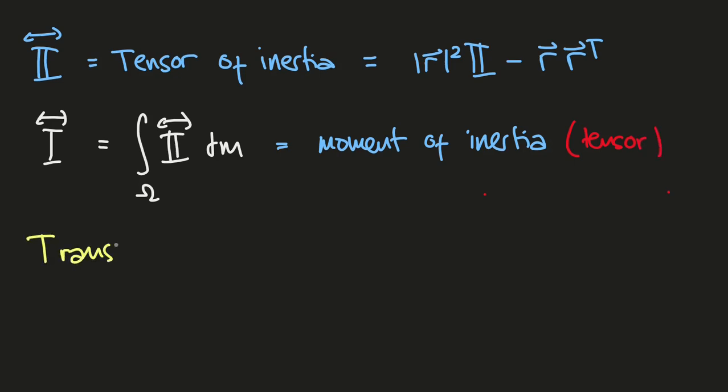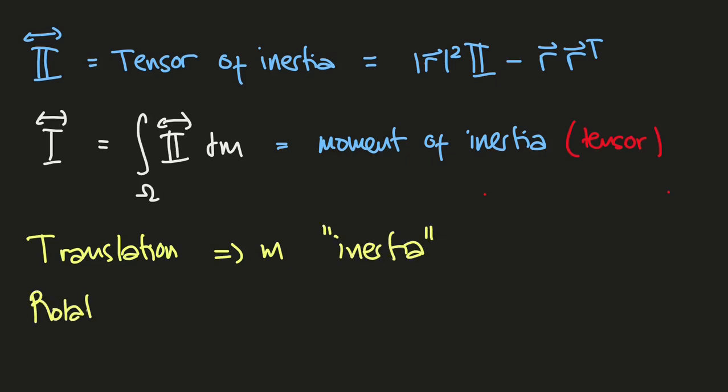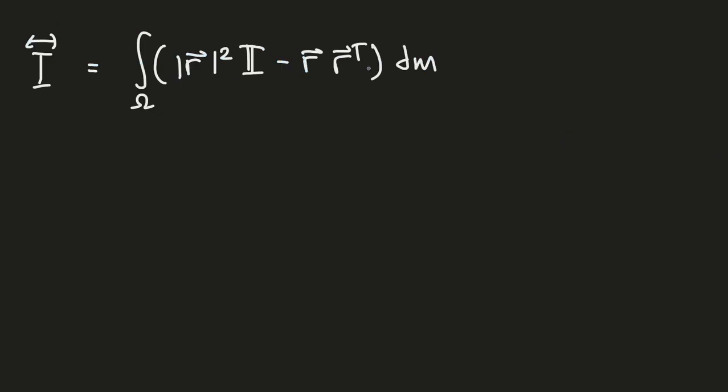This tensor creates an analogy: in translation we have m as the inertia parameter, but in rotation we have I double arrow as the inertia parameter.